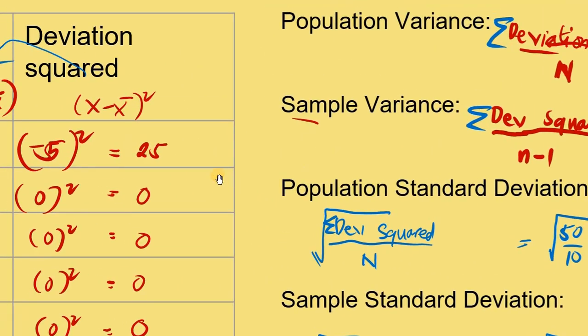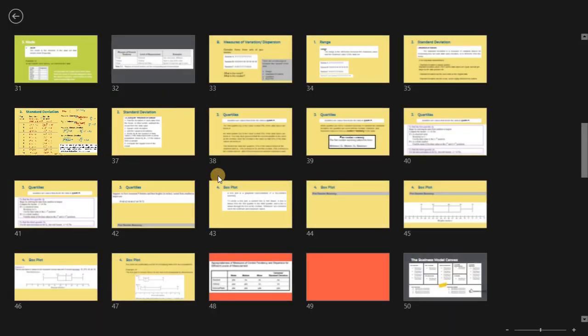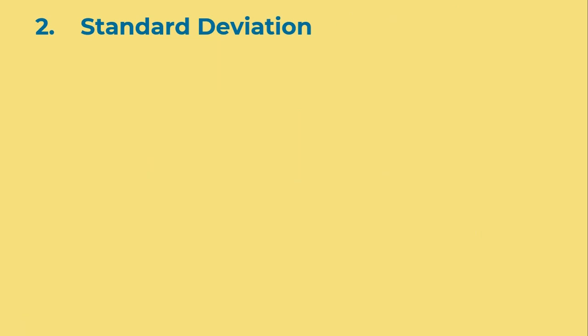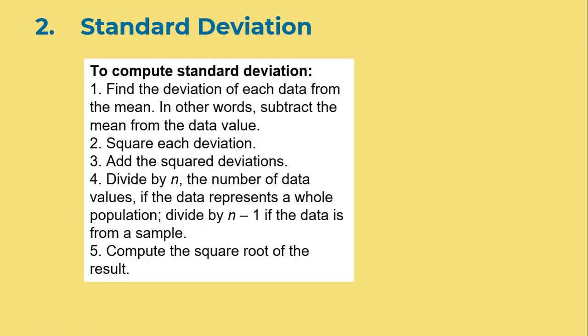So if we summarize it all, these are the steps to compute the standard deviation. First, find the deviation of each data value from the mean. Subtract the mean from the data value.